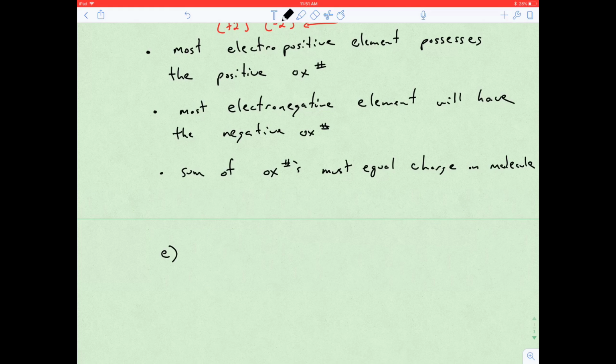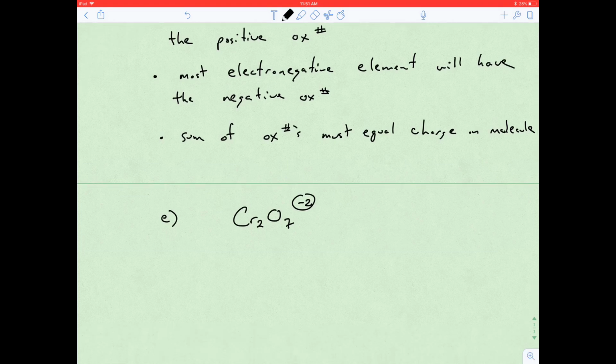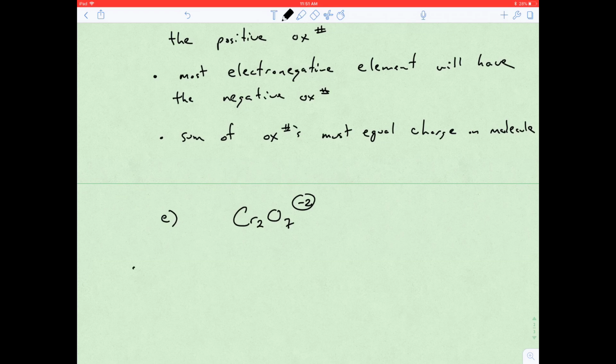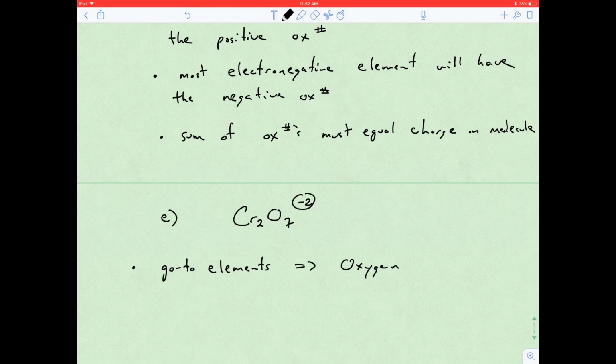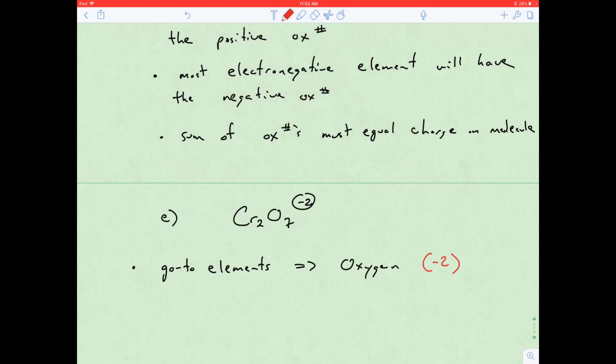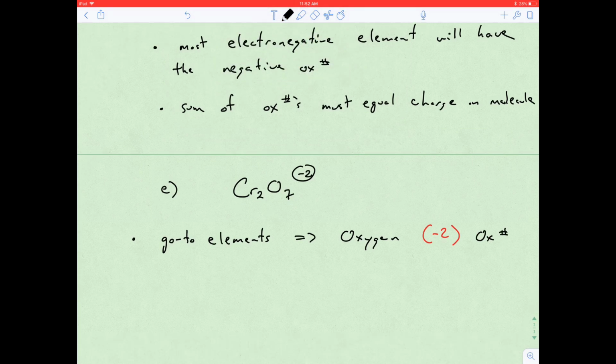Going to E. E looks at dichromate. And so here's where we actually start to see charge have an influence on this. So as far as looking at this like before, with these go-to elements, oxygen is a great one in that it always wants to have a -2 for its oxidation number.